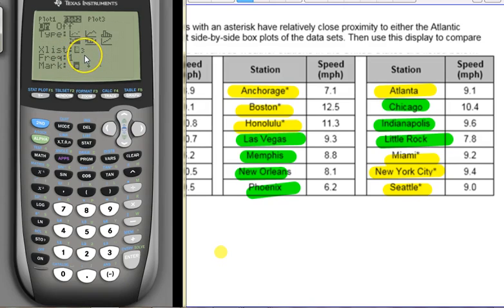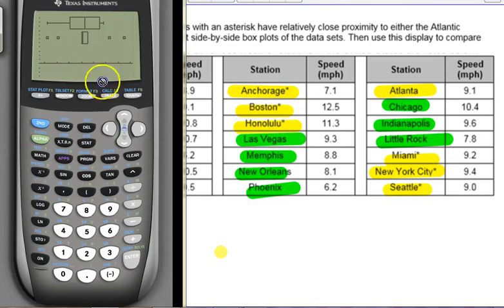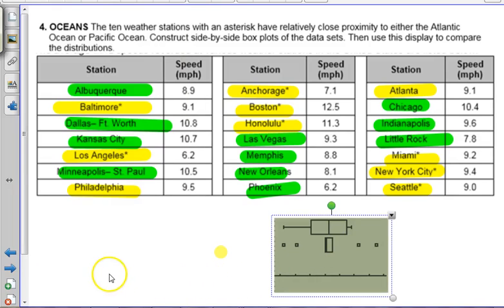Yours is probably list 2, right? Okay, if you've done all that, you should be able to go zoom 9, quit, and then zoom 9, and see this. It is a hot mess. You're right. Okay. Did anyone else get this?